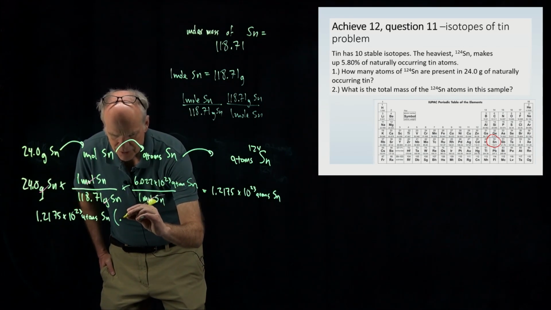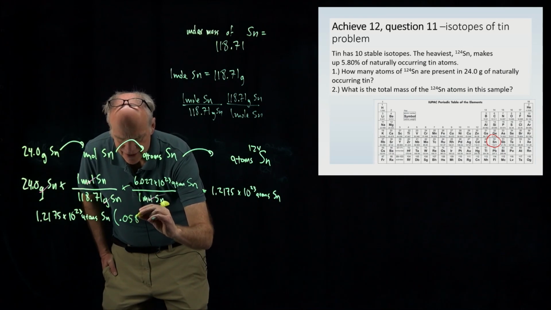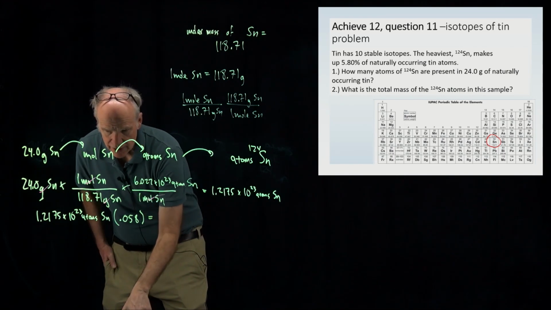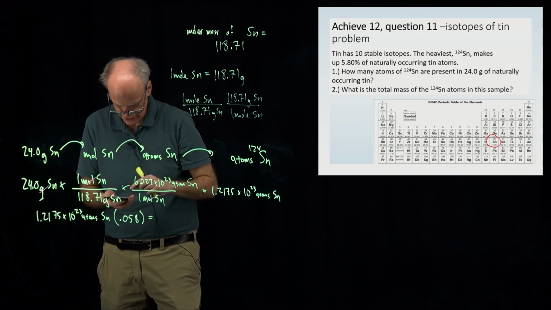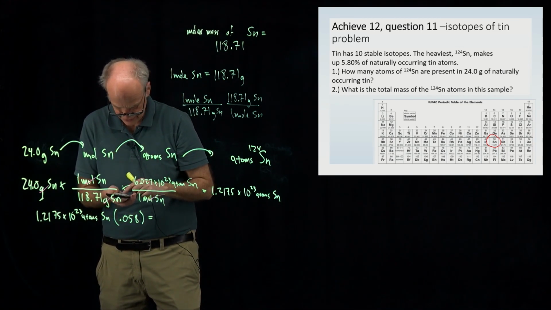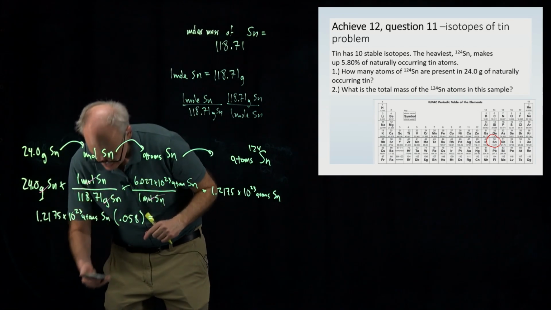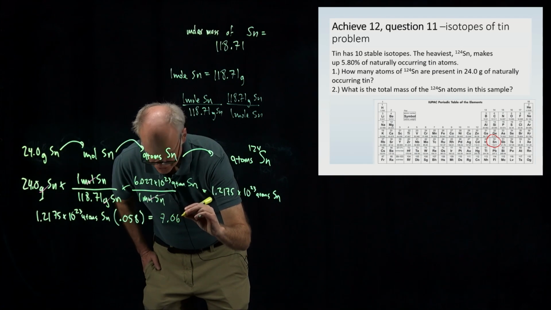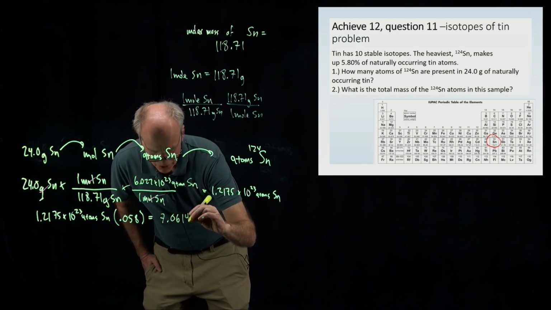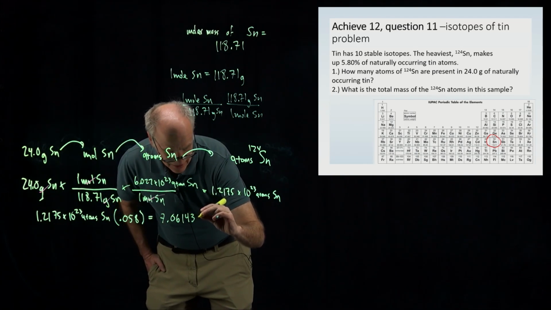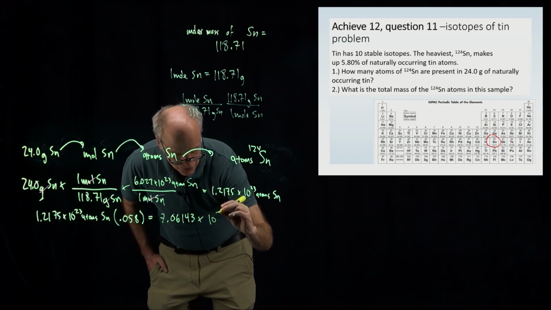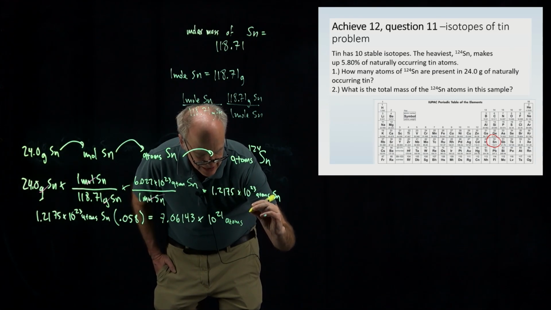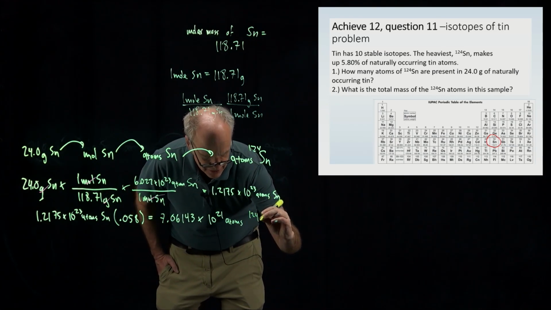So I multiply this by 0.058, and I get 7.06143 times 10 to the 21 atoms of the tin isotope, so it's 124 Sn.